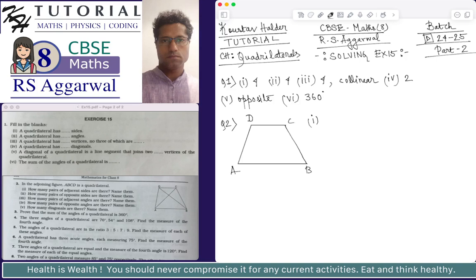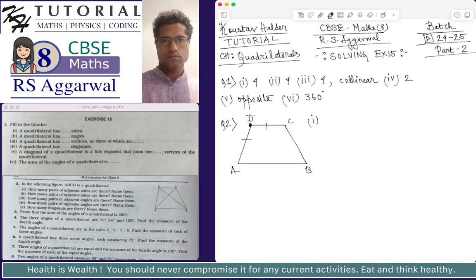So we have already discussed in the part 1 video that there are 4 pairs of adjacent sides in a quadrilateral, and 1 pair of adjacent sides is obtained based on a particular vertex. So if you consider the vertex D, then the pair of adjacent sides having the common endpoint D are DC and AD.